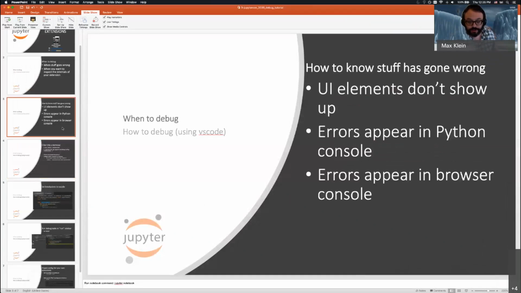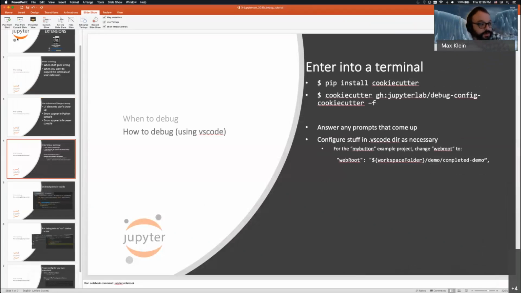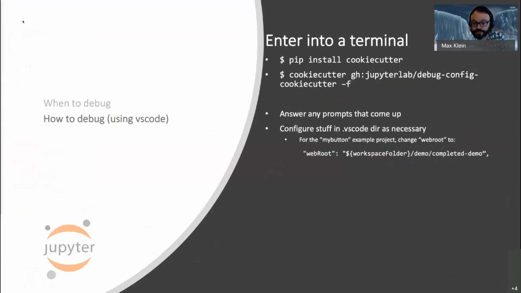Okay, so how do you set up for debugging? It's pretty straightforward at this point, and I do have to warn that some of this stuff is still experimental, so you all are kind of my guinea pigs for this. But the basic setup is pretty straightforward.